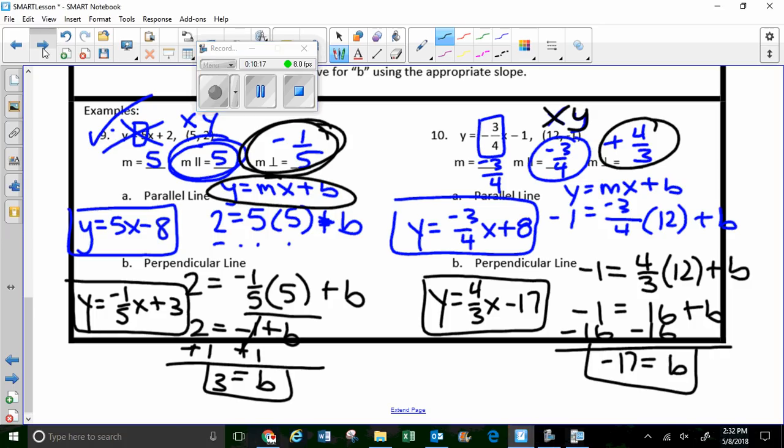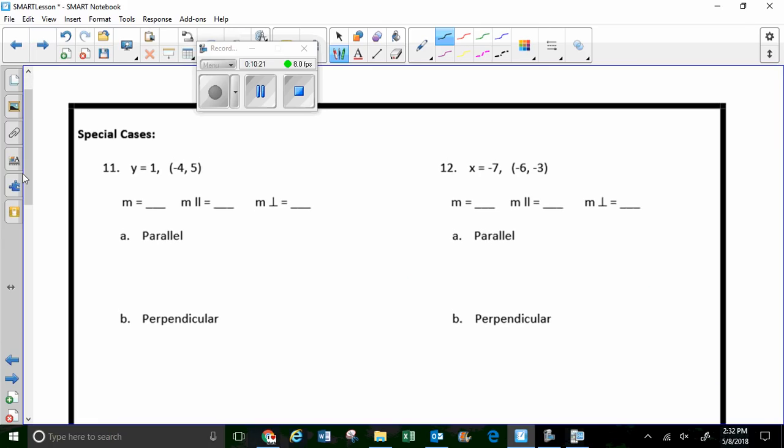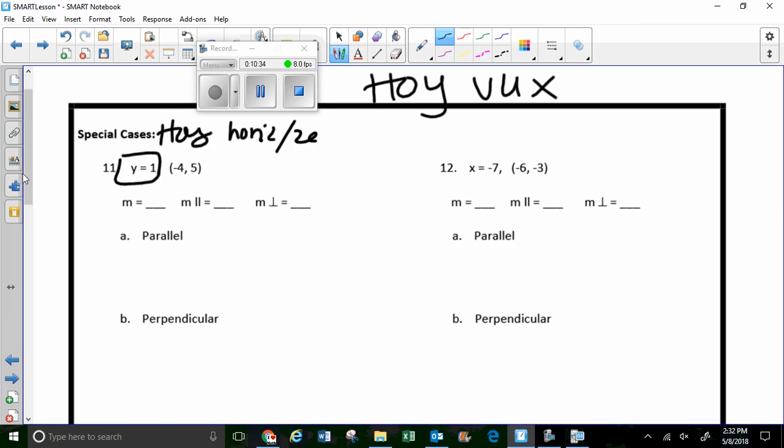Go ahead and flip over. Some special cases you might see would be our horizontal lines. So this is a horizontal line because it's missing x. So remember that means it's horizontal, 0 slope, and y equals. So, okay, I can get my slope right from that.